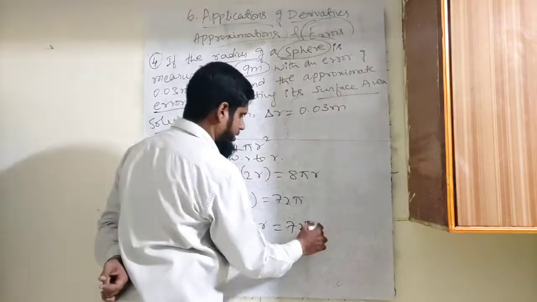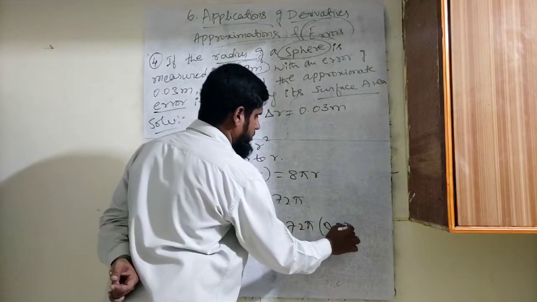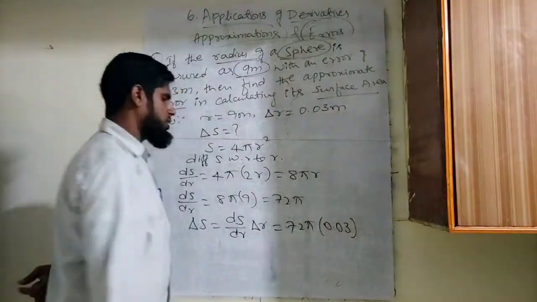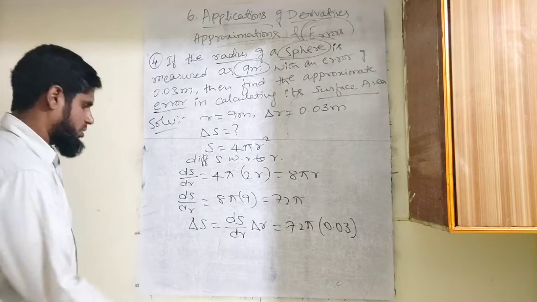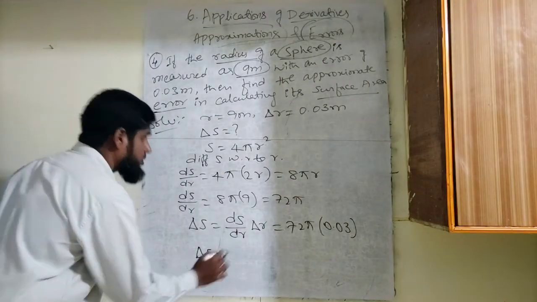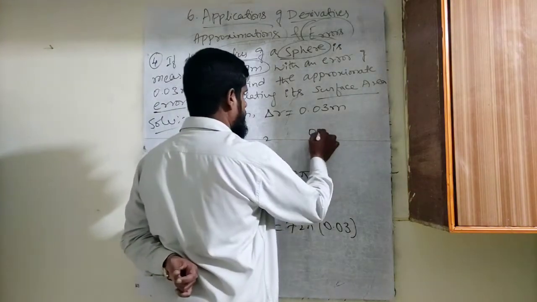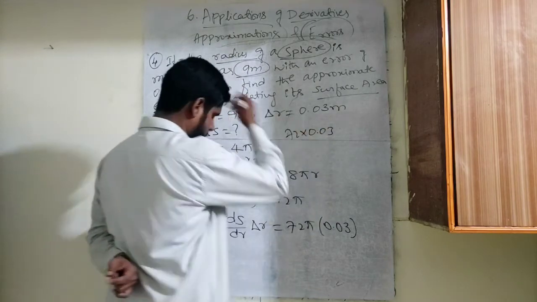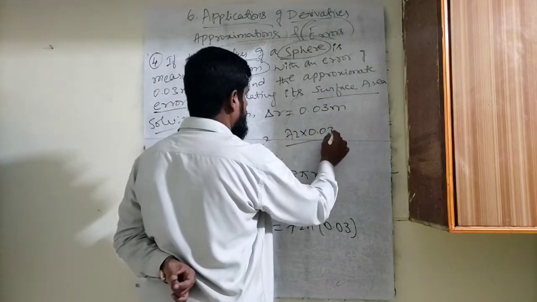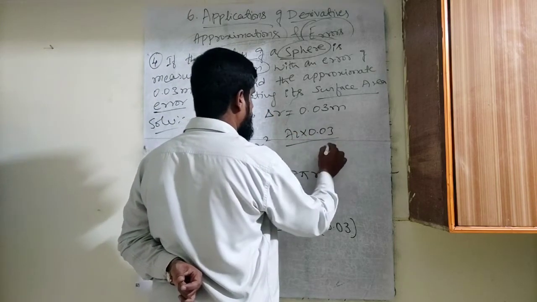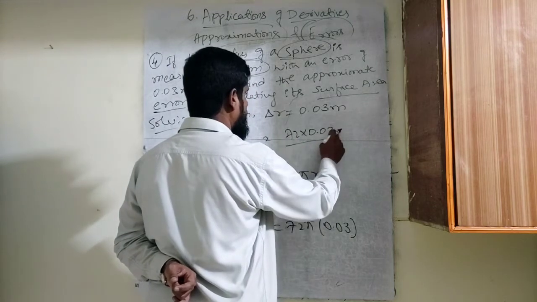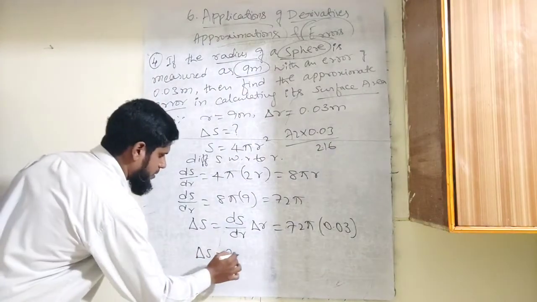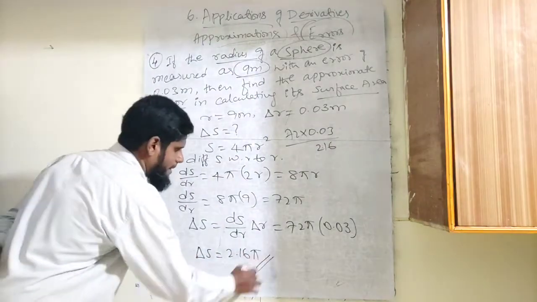Delta r is 0.03. So our delta S is equal to 0.03 into 72. 3 sevens are 21, so 2.16 pi is the answer.